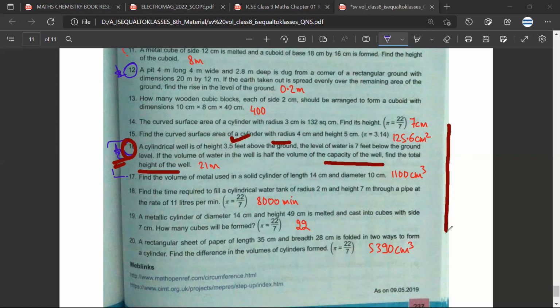So let us assume that this is how the figure looks like. Let me draw the figure here. So approximately this is how the figure might look like.